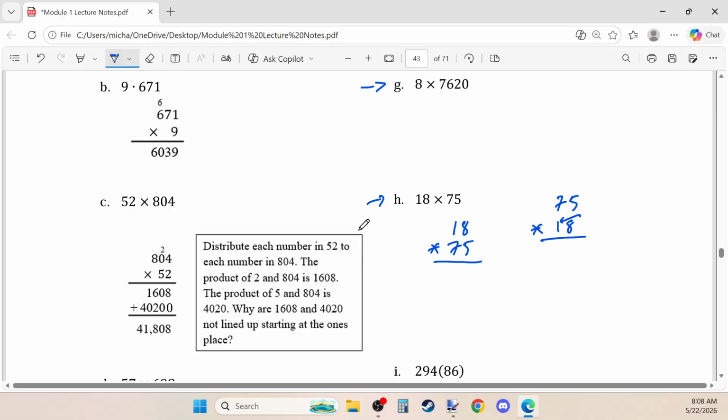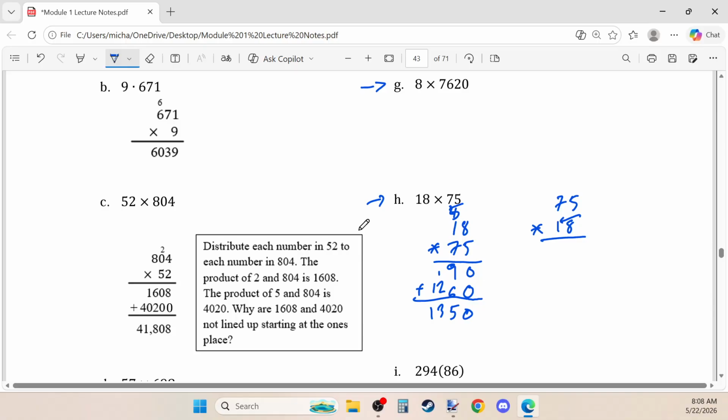The multiplication goes like this. 5 times 8 is 40. Carry a 4. 5 times 1 is 5, plus 4 is 9. Next digit. 7 times 8 is 56. Carry a 5. 7 times 1 is 7, plus 5 is 12.